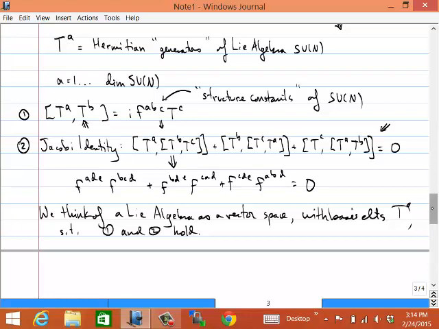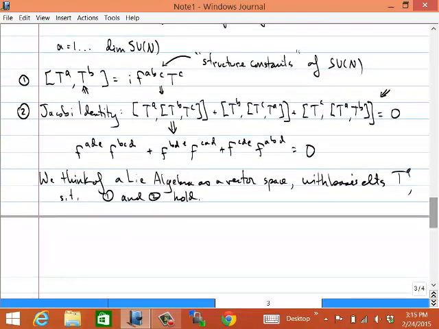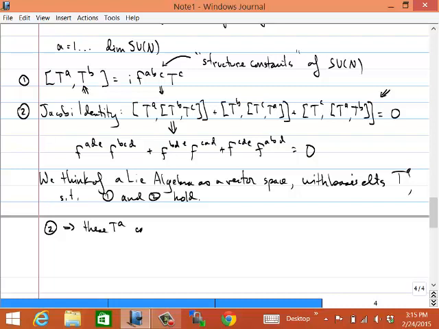And the point is that once you assume that this commutator satisfies the Jacobi identity, then that implies, really, that these T^A can be exponentiated to form a group, and a continuous group that's obtained by the exponentiation of these Lie algebra generators is referred to as a Lie group.